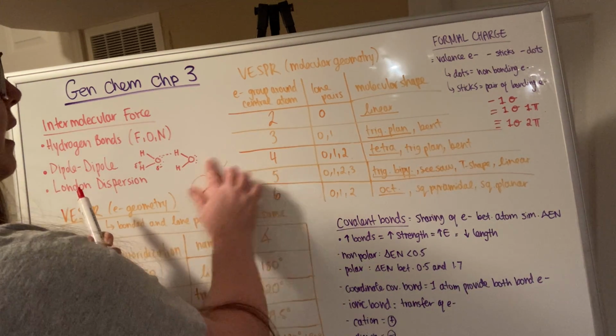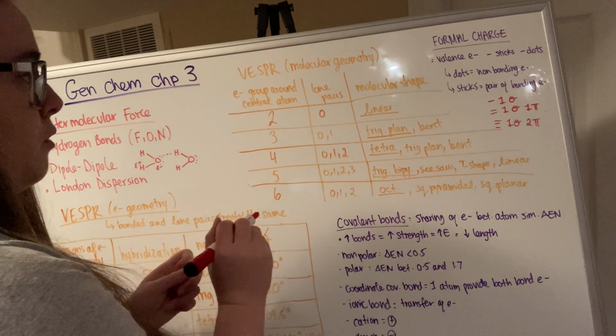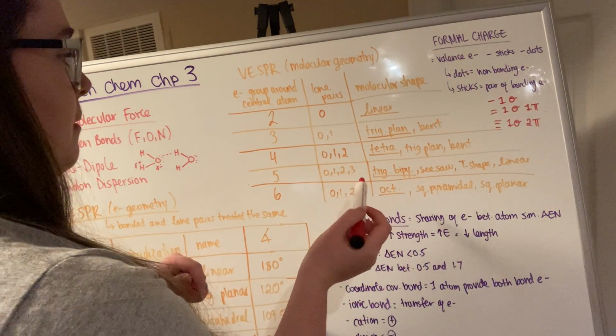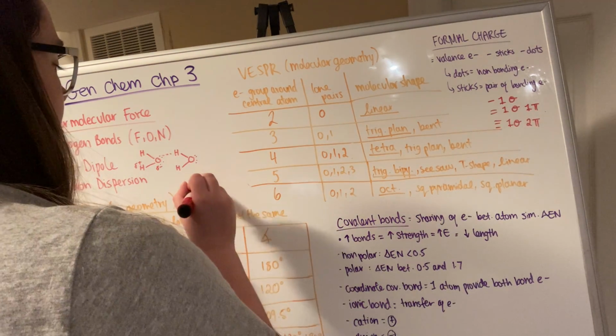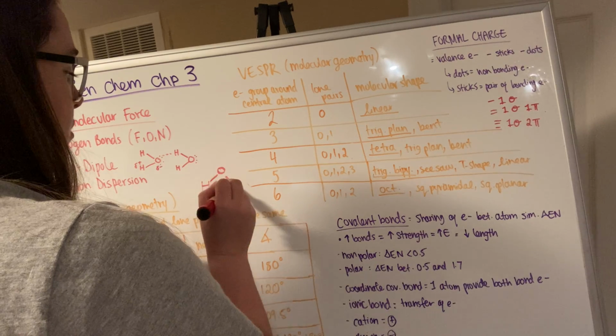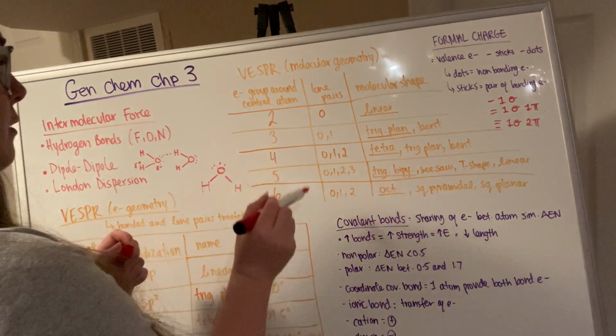But if we had something like H2O, this would give us a bent shape. Now I am jumping ahead here with this example, but it'll bring us to our next one.